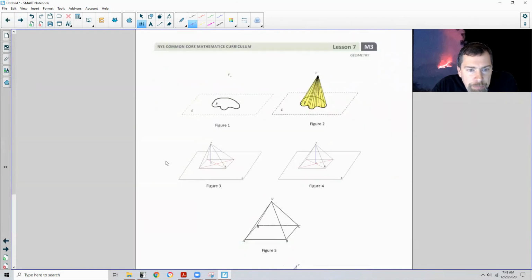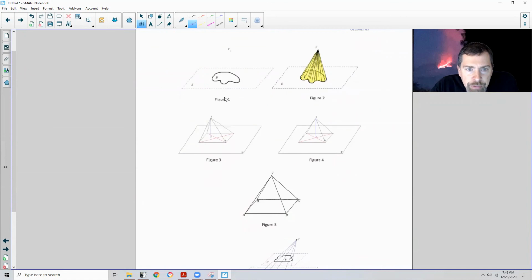General cone. So we went from figure 1, we put a point V up here, and we drew multiple segments PV around the base. All right. Okay, so if we have a geometric shape that we have a name for, like this is a rectangle, then this would be a rectangular pyramid.